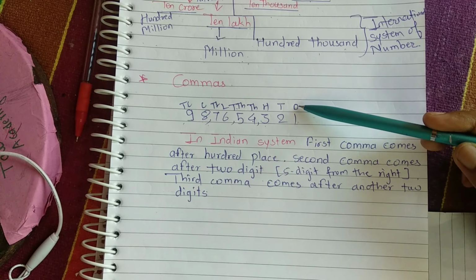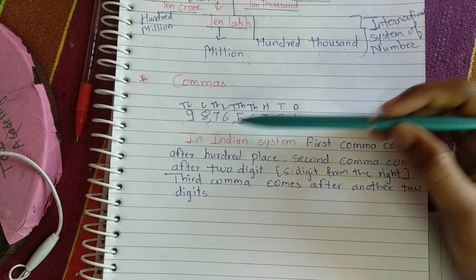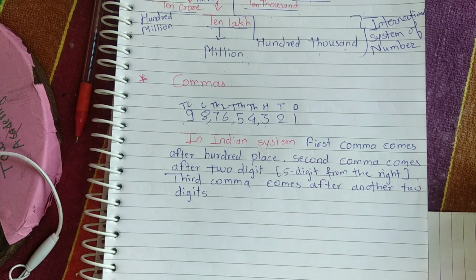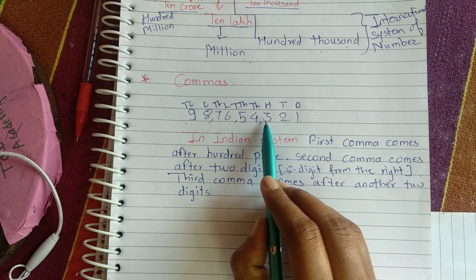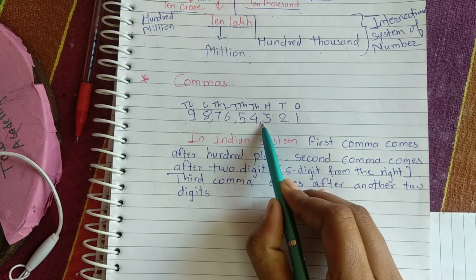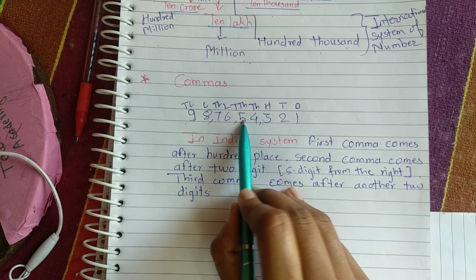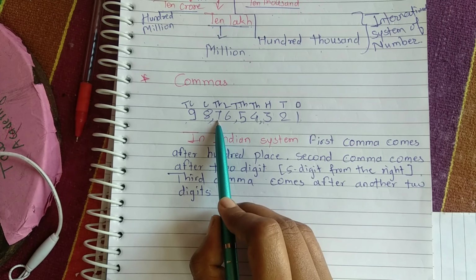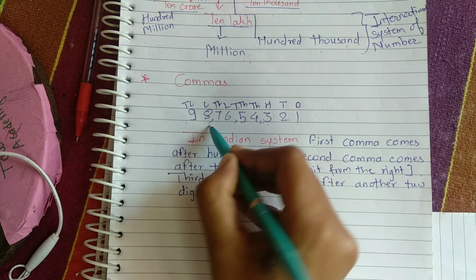Means 1 as ones, 2 as tens, 3 as hundreds, 4 as thousand, 5 as 10,000, 6 as lakh, 7 as 10 lakh, 8 as crore, and 9 as 10 crore. In Indian system, first comma we put after 100, means after 3 digits. Next, second comma we put after 2 digits. Next comma again we put after 2 digits, means after 10 lakh.